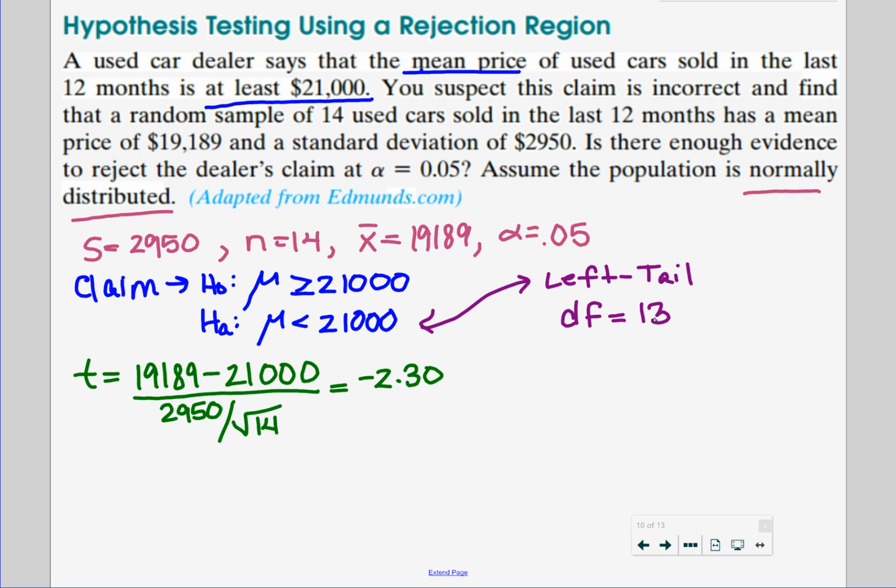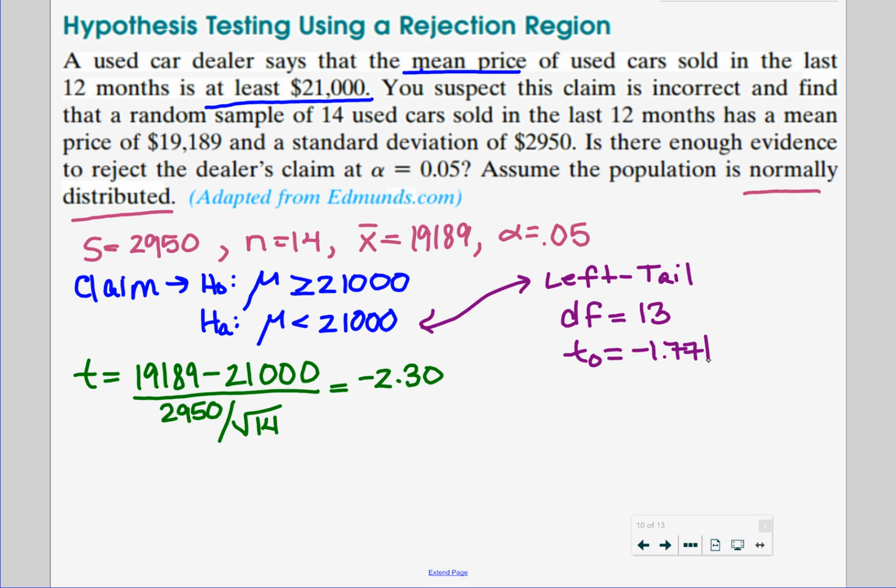Then go down to 13 degrees of freedom. So I see 1.771. Look good? All right, so my t sub 0, we're going to put a negative in front of that because it's a left tail, negative 1.771.